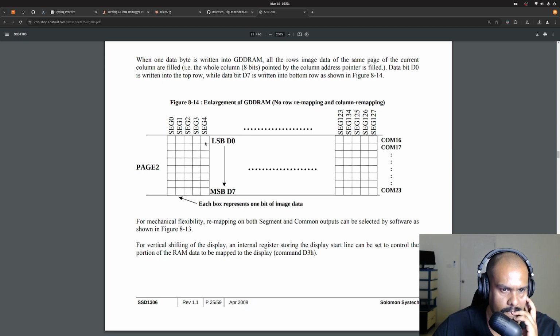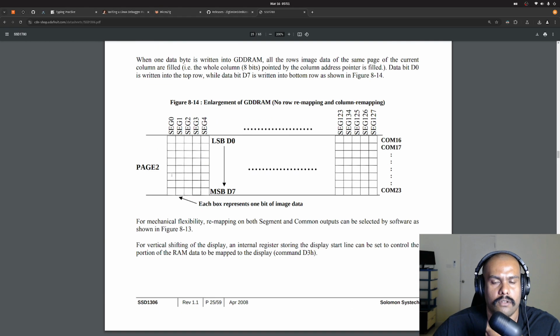Yeah, it's got 64 of these. And 128. Oh no, it's the other way. 1, 2, 3, 4, 5, 6, 7, 8. That's 127 rows and 64 columns.